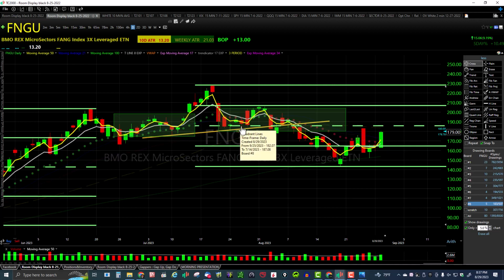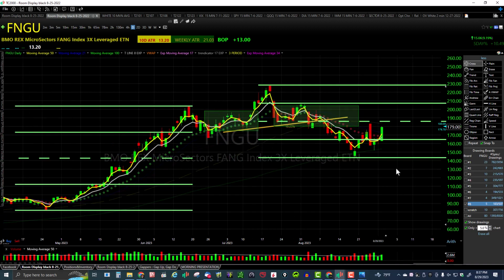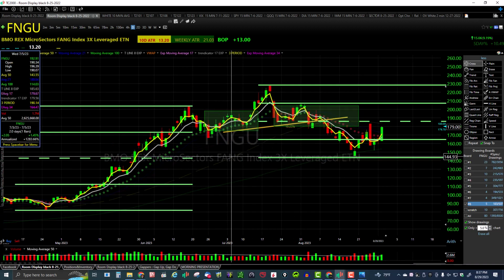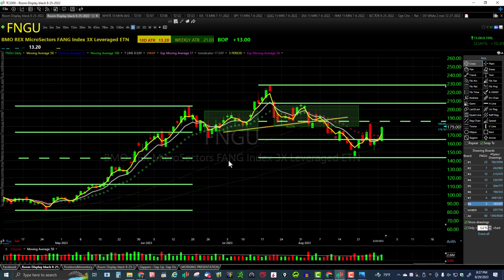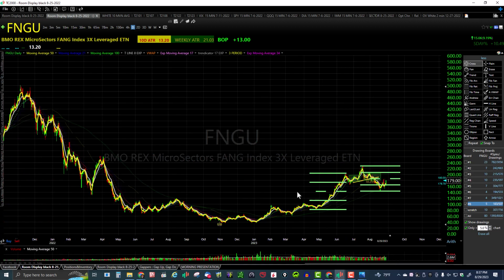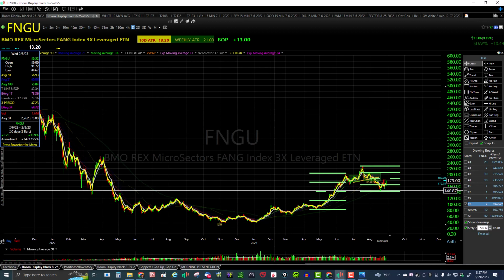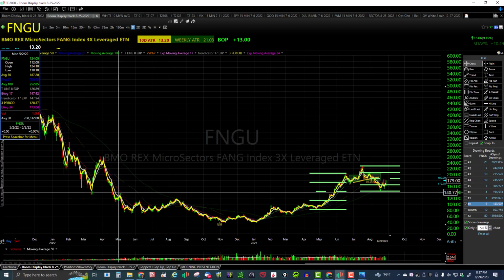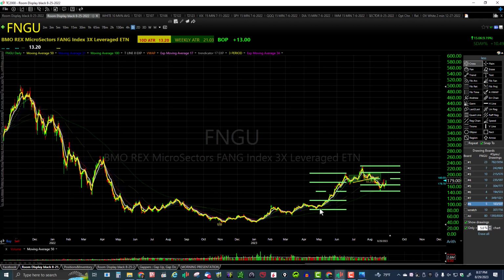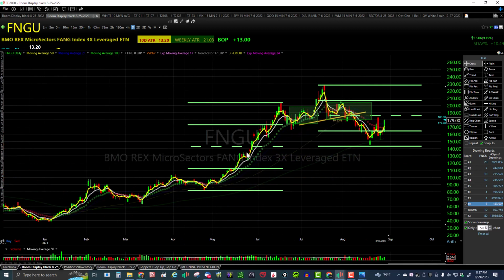Notice the neckline. They break the neckline, and the stock comes tumbling down. And where did it stop? It stopped right here. And there's probably some price action over to the left. It kind of stopped right on this point right here, because really not much here stopped it.